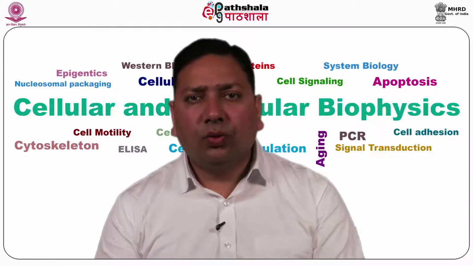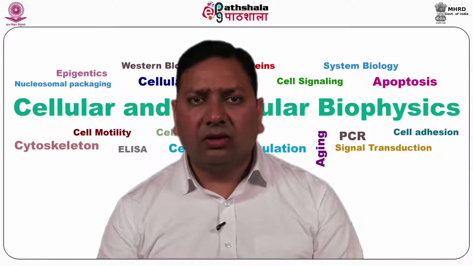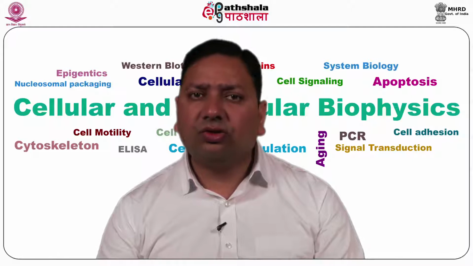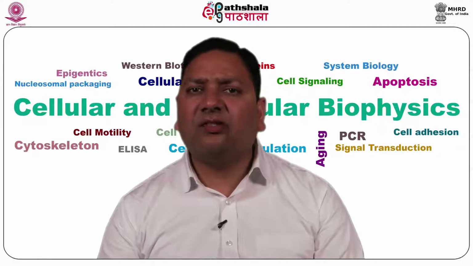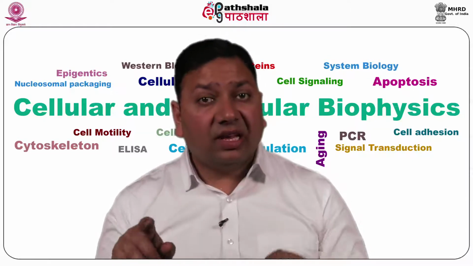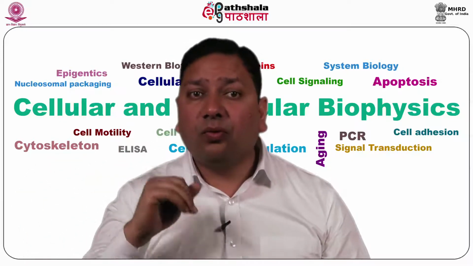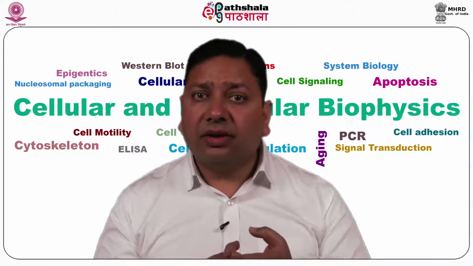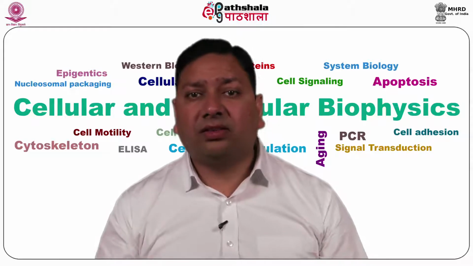Now, if you see the figure, it shows the structure of the nuclear envelope with continuous inner and outer membranes of the nucleus, which are perforated by nuclear pore complexes.